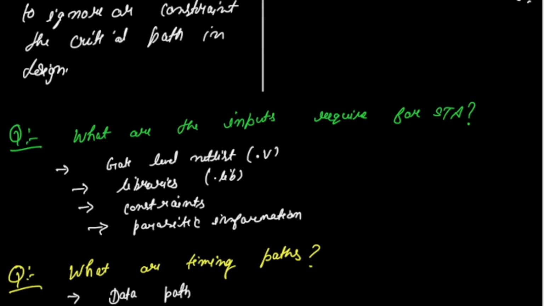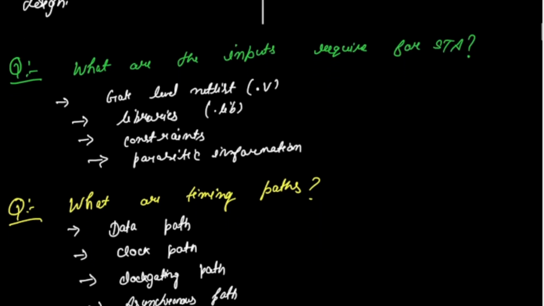In the constraint file we have all the timing related constraints: false path, multicycle path, clock definition, input output delay, maximum and minimum delay. Parasitic information has RC values in the SPEF file, the resistance and capacitance values.